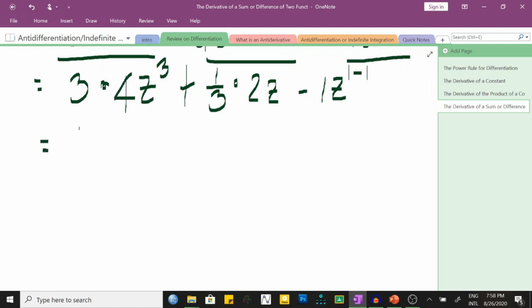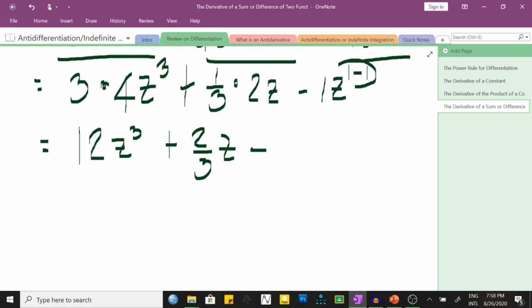Three times 4, that gives you 12z cubed, plus 1/3 times 2, that is 2/3 z, minus, what happens here? This is 0, right? 1 minus 1 is 0. And z raised to 0 is what?